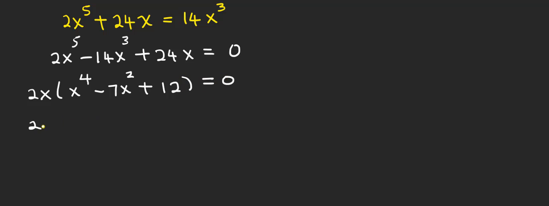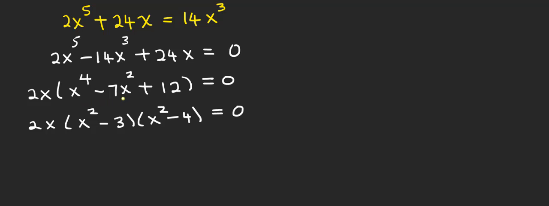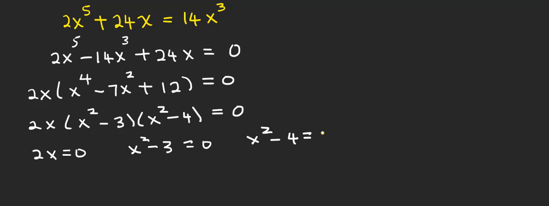So you get 2x times, now how do you factor that? It's going to be x squared minus 3 times x squared minus 4. You want to double check by multiplying this out and see if you get this trinomial. Now you set 2x equals 0, x squared minus 3 equals 0, and x squared minus 4 equals 0.